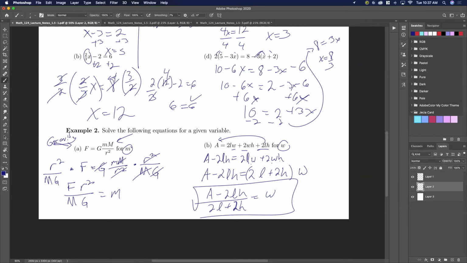How could you put the G in the fraction? Oh, that's a good question. I like this question. Notice here if I have G times M over R squared, that is the same thing as G times M over R squared with G in the numerator.